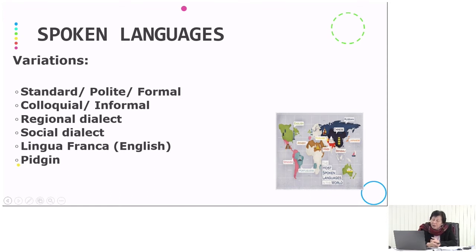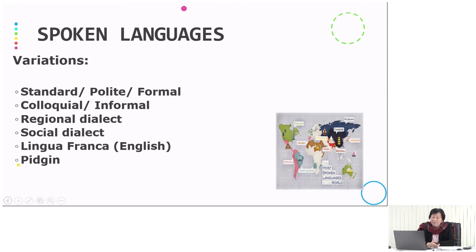We probably have the standard spoken language. We probably have polite spoken language. We probably have formal spoken. What does it mean by this? Can you just let me know?